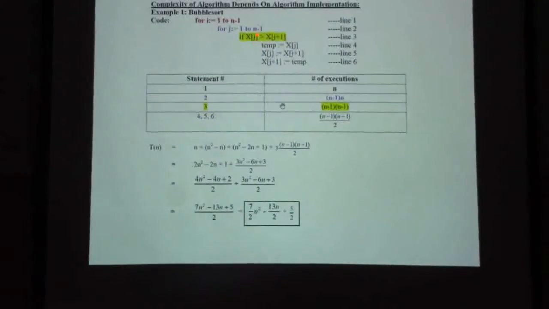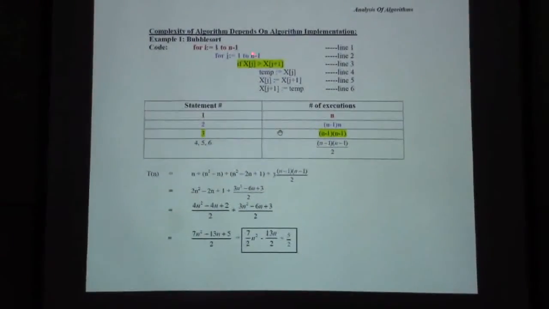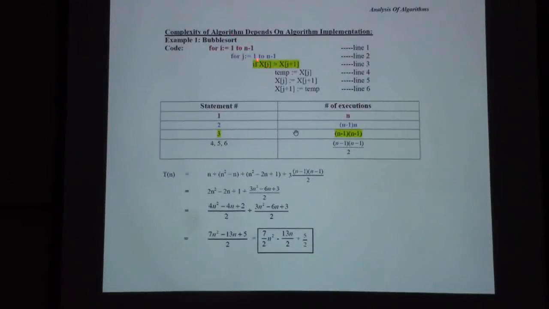Now, once we have that, how many times is this going to execute? Basically, how many times does this execute in the first case? When i is equal to 1, j is equal to 1 to n minus 1. So how many times does this statement execute? n minus 1 times.